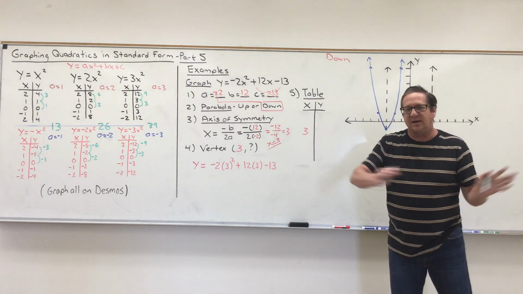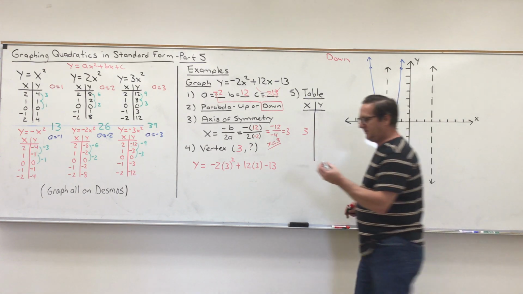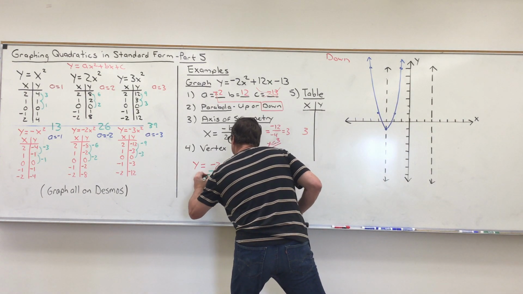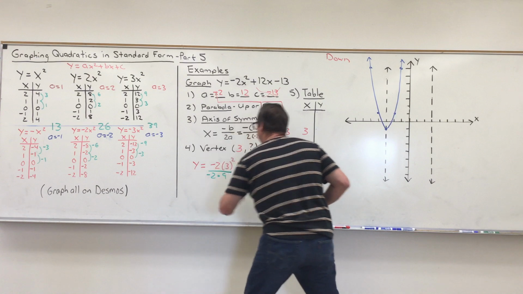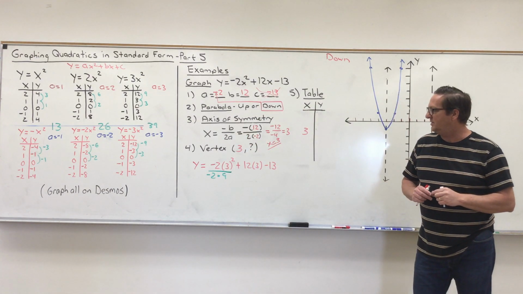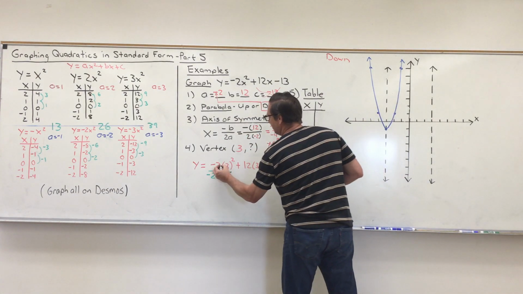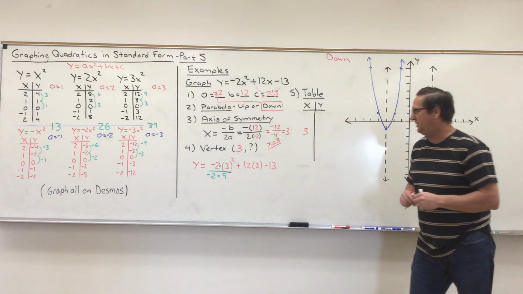Okay, once again, type it all in the calculator, do your parentheses, or remember that's going to be negative 2 times 9. Do not multiply before you do the exponent.